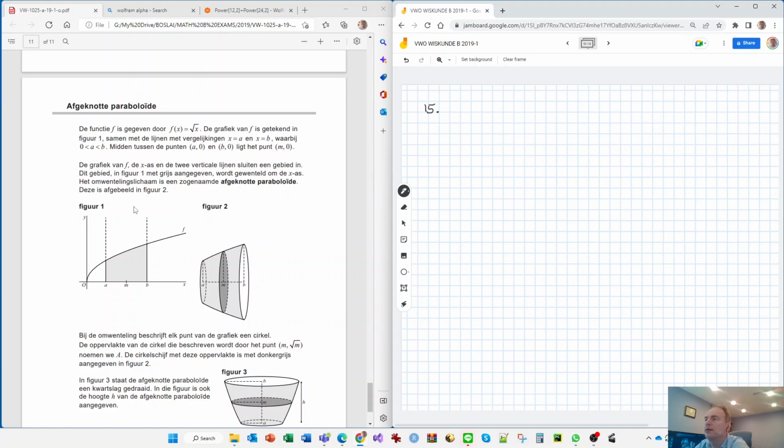I think there's another exam where that was asked, although that was a rotation around the y-axis. But around the x-axis is a little bit more easy actually. But you need to know both. I checked it up. You need to know about these so-called omwentelingslichamen, both for rotations around the x-axis as well as around the y-axis.